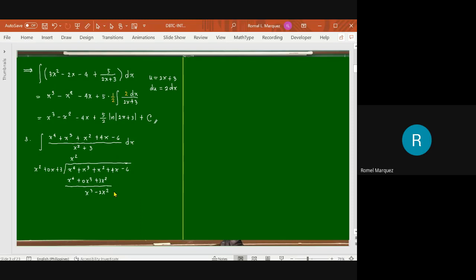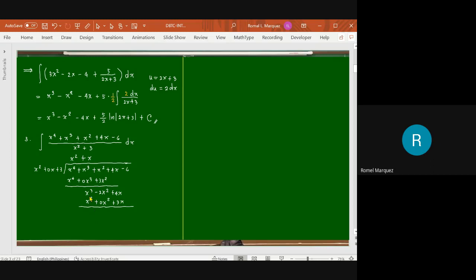Bring down the linear term. So that is 4x. So then divide x cubed by x squared. That is plus x. X times x squared, x cubed. Then plus 0x squared. And then finally, we have plus 3x. Okay? So again, get the difference.